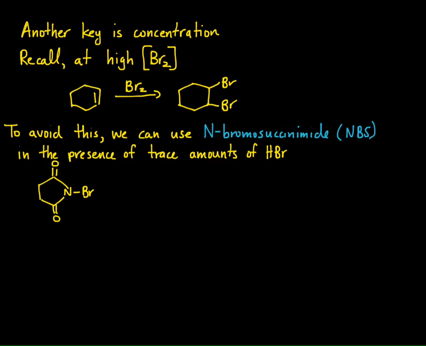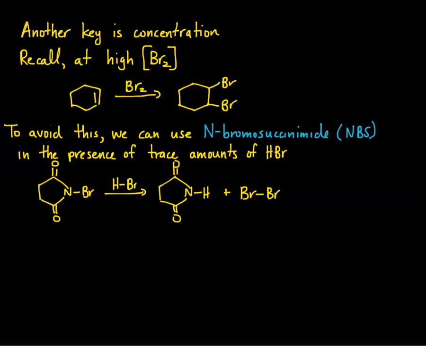So this is called N-bromosuccinimide. And so N-bromosuccinimide will react with HBr. And what happens is you produce succinimide plus bromine. So notice this reaction is producing bromine very slowly.